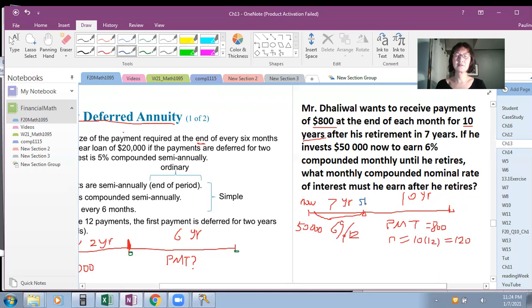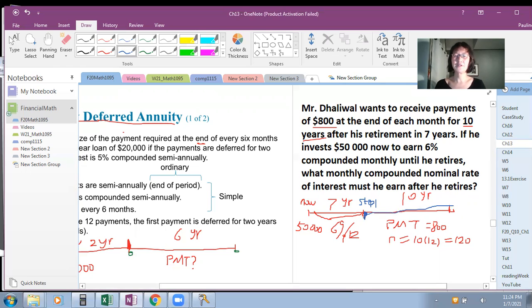So our first step is to calculate the value here. Step 1: what is the value at the end of 7 years? This value is the future value of 50,000. Once you calculate this number, it serves as the present value for the annuity here.